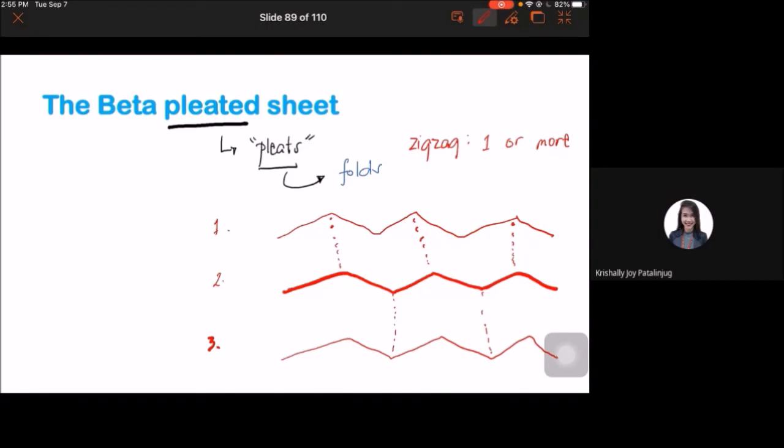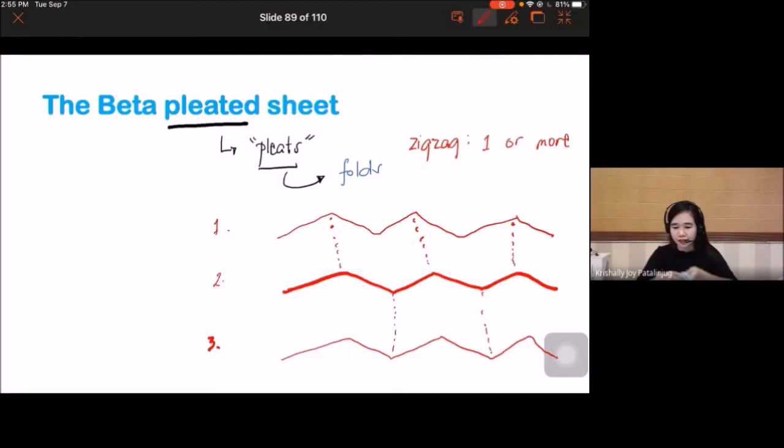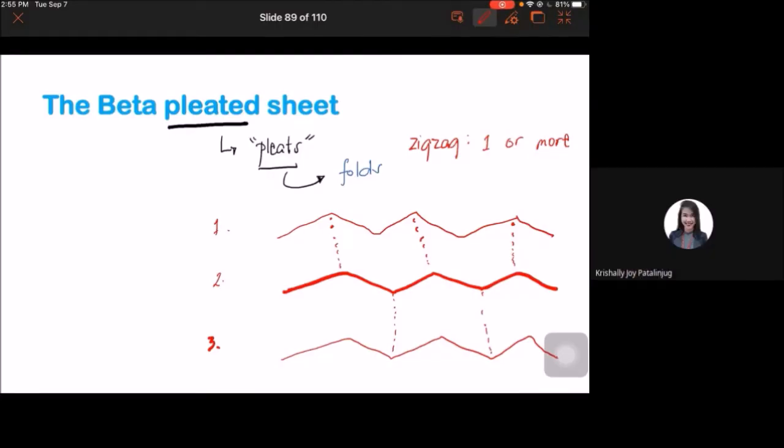Nag-fold ko og papel, and then, ayan. So, parang ganito siya. I hope inyo siya nakita. Makita po ninyo, mura siya nga naka-fold. Oh, 'di ba? So I hope inyong na-imagine sa drawing na parang merong mga folds, mga pleats.